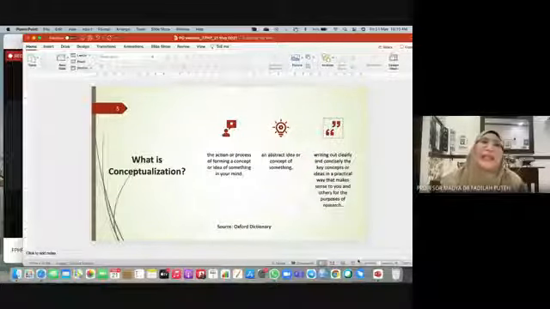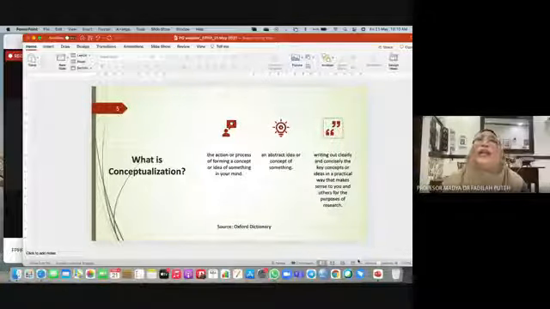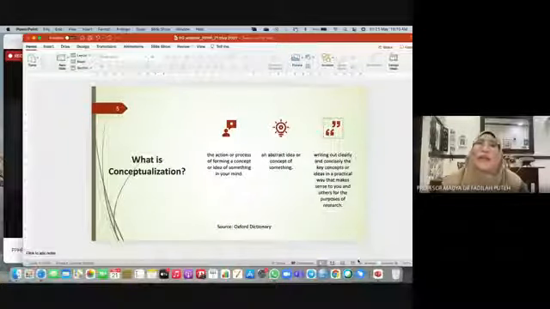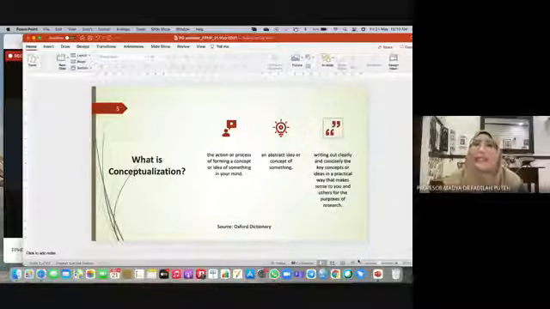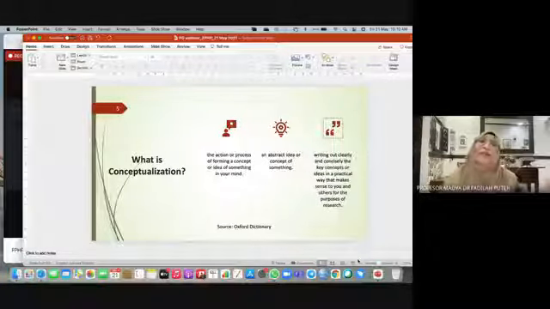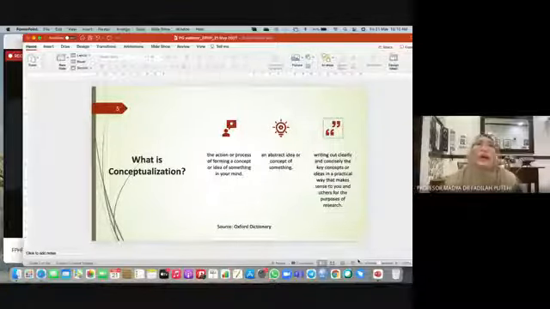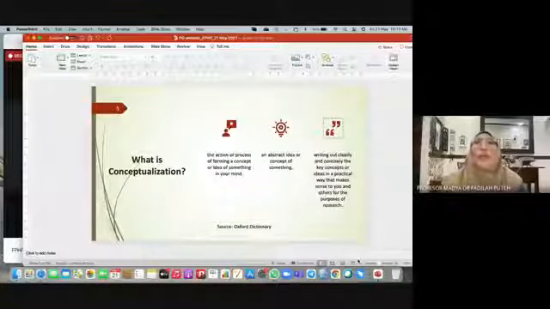And lastly, conceptualization means the process of writing out clearly and concisely the key concepts or ideas in a practical way that makes sense to you and others for the purposes of research. So the keywords here are an idea that makes sense to you and an idea that makes sense to others, meaning to say a panel of evaluators or a committee that evaluates your research.